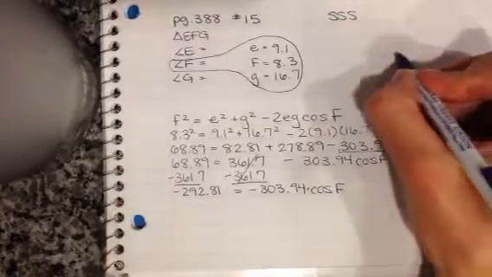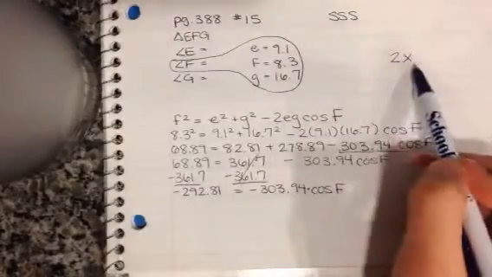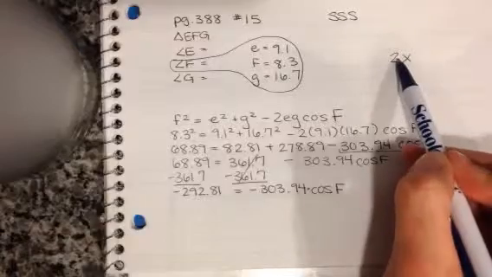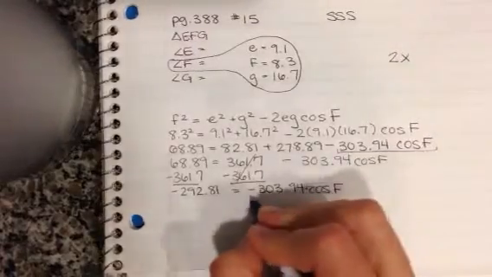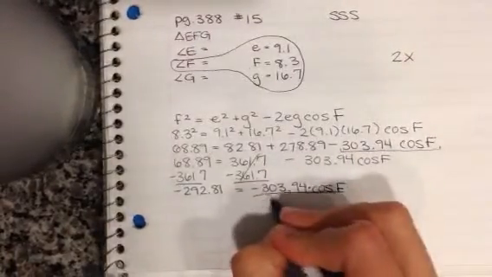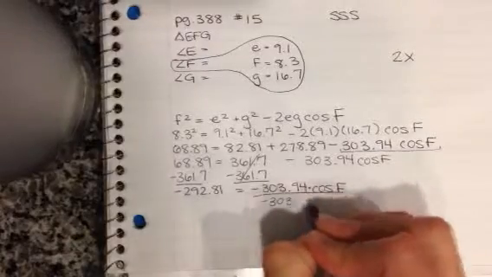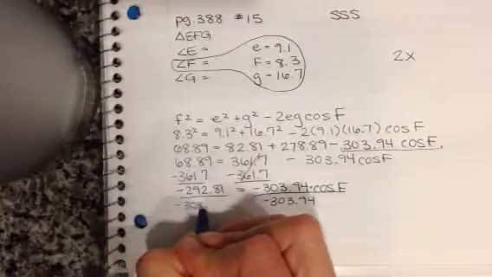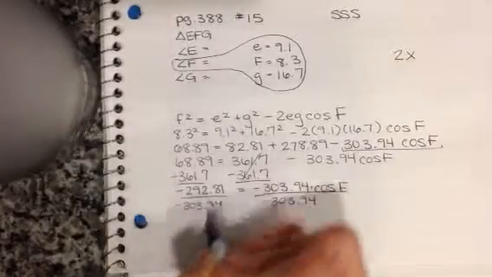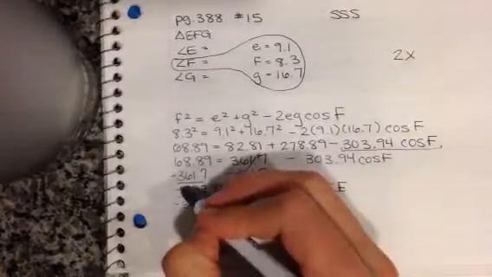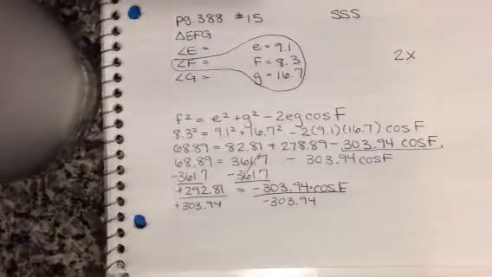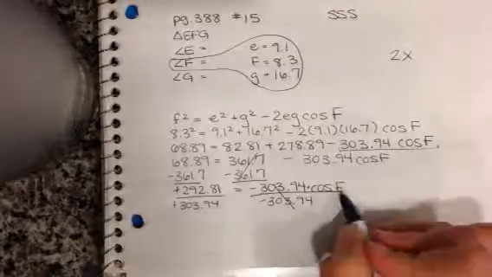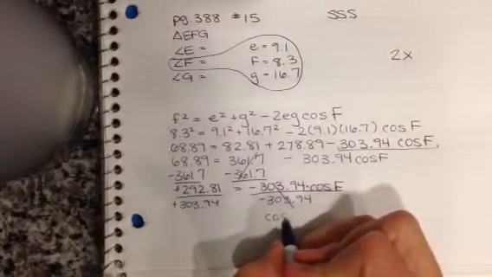It's like saying that in 2x, the 2 is the coefficient of the x. So the way I would get rid of this is by dividing by the coefficient, which is negative 303.94, both sides. I don't like using negatives a lot in my calculator, so I would just change those signs there because they cancel each other out. So I'd be left with cosine of f here.